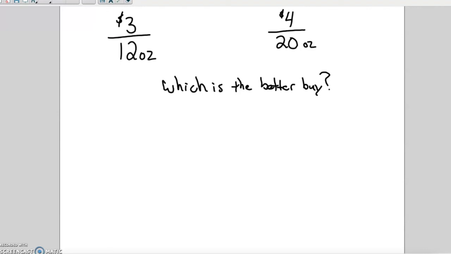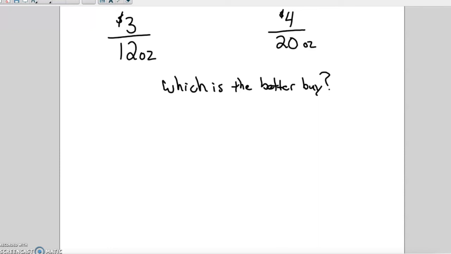Okay. Now, you go to the store. And you're going to buy some popcorn. Okay? So it costs $3 for 12 ounces of popcorn. That's one buy. And the other one is $4 for 20 ounces. Well, which one's the better buy? Well, I do this all the time.